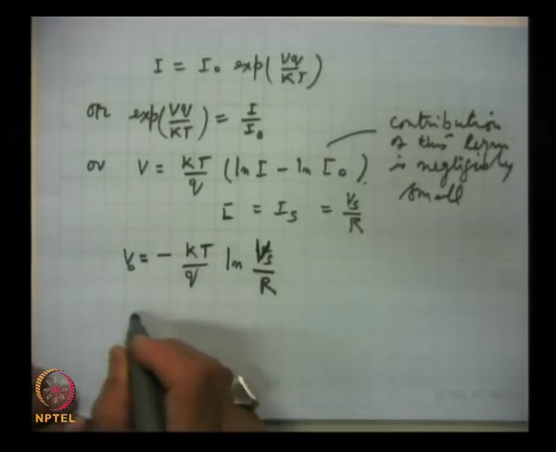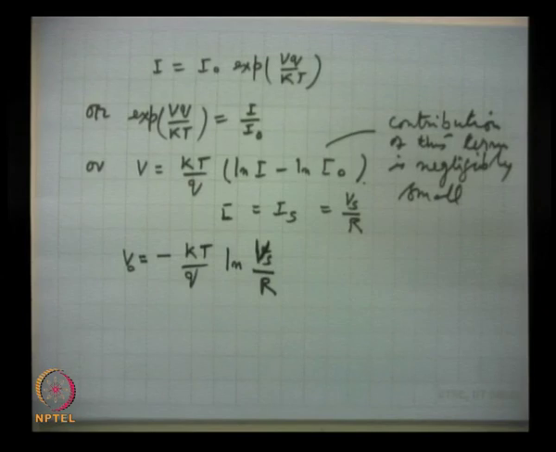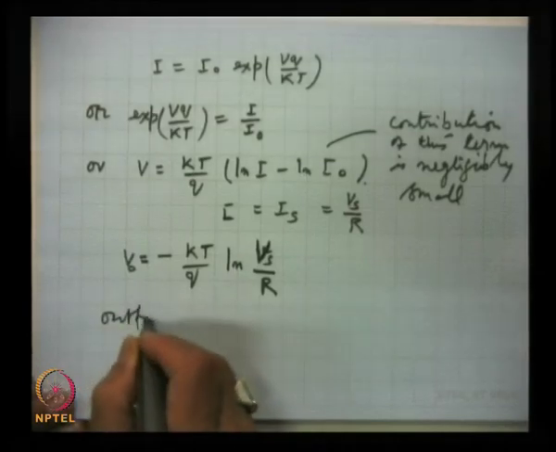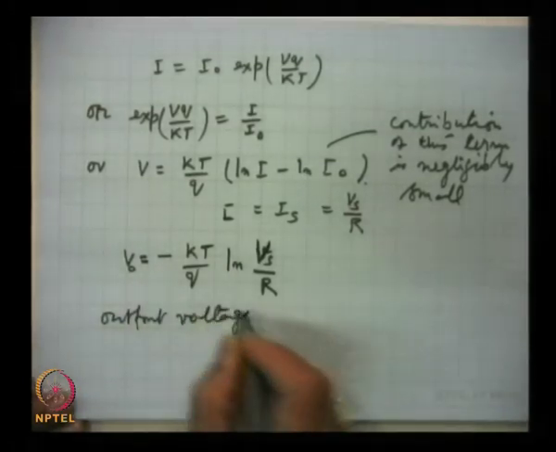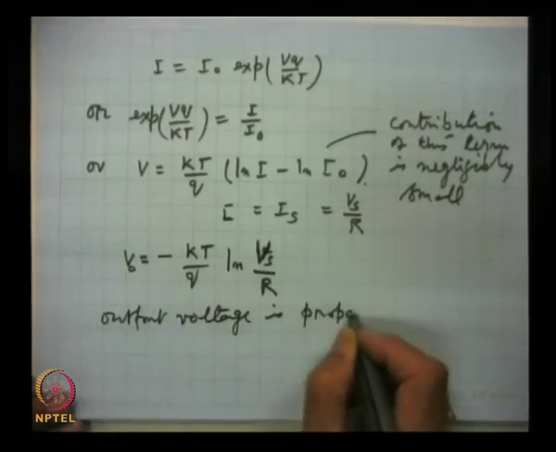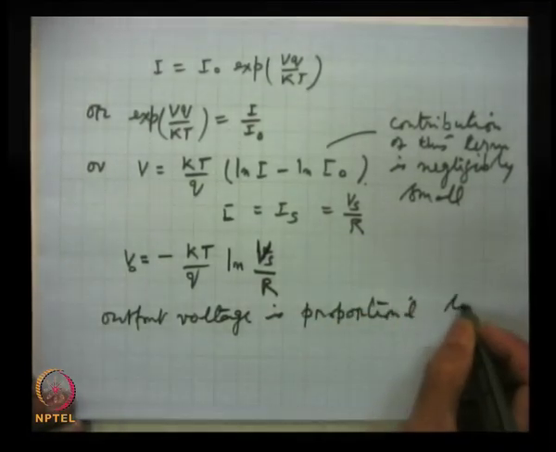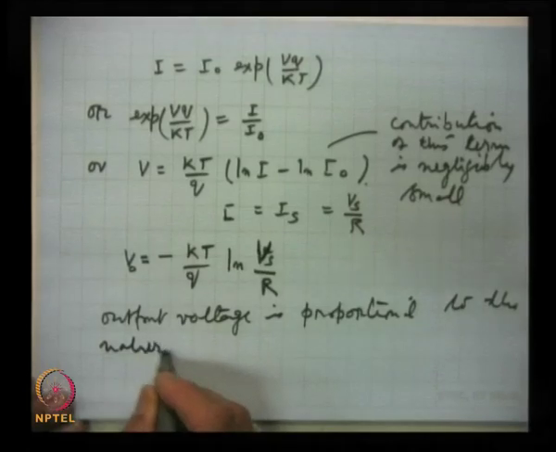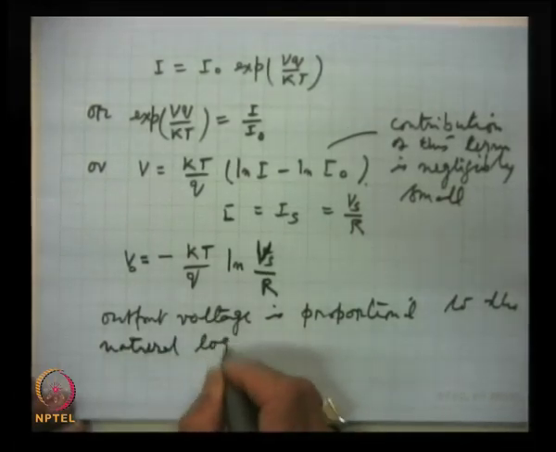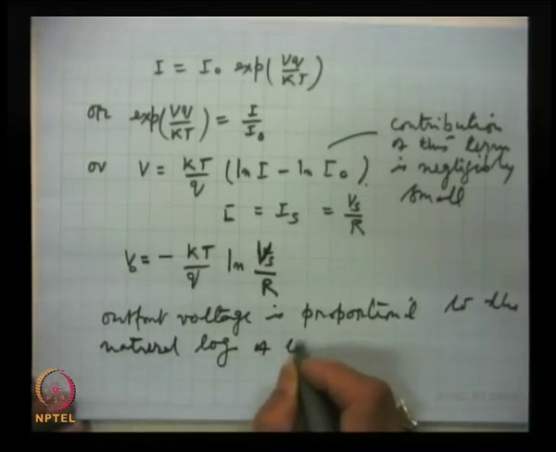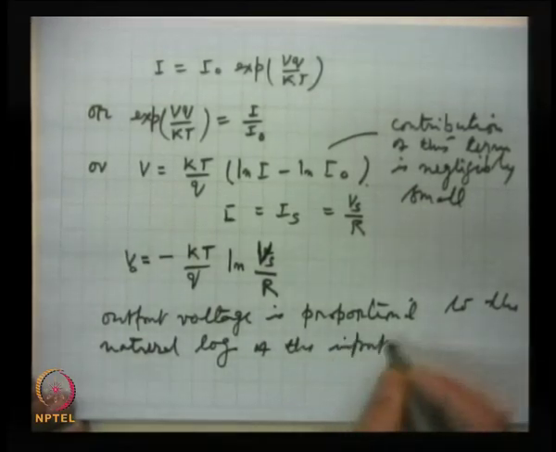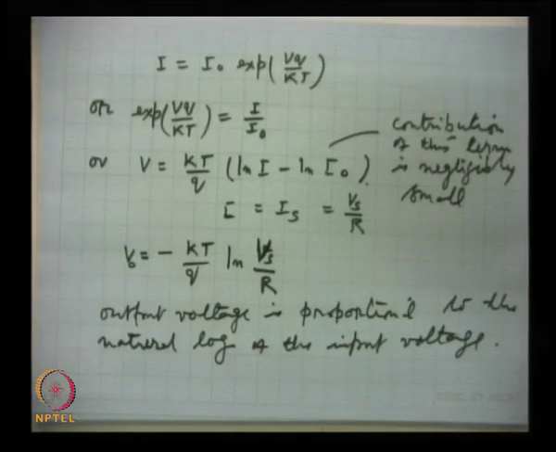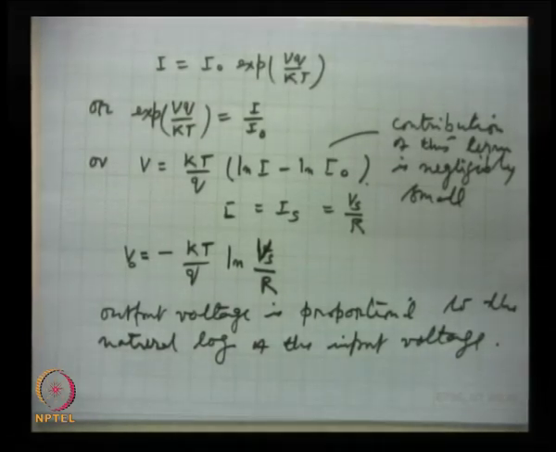So the output voltage is proportional to the natural logarithm of the input voltage Vs. This is the logarithmic amplifier.